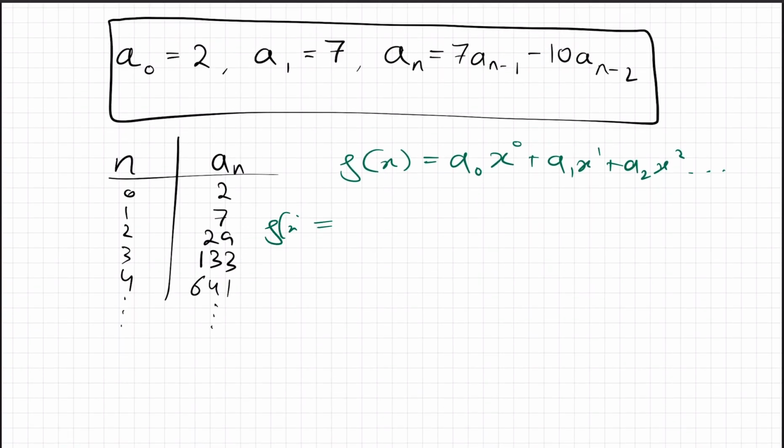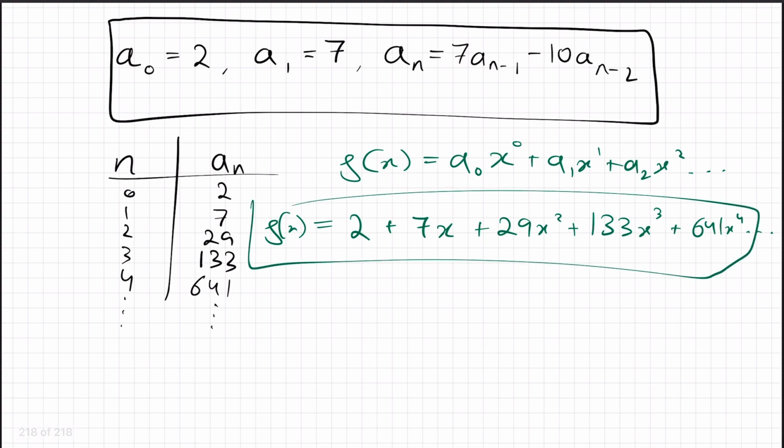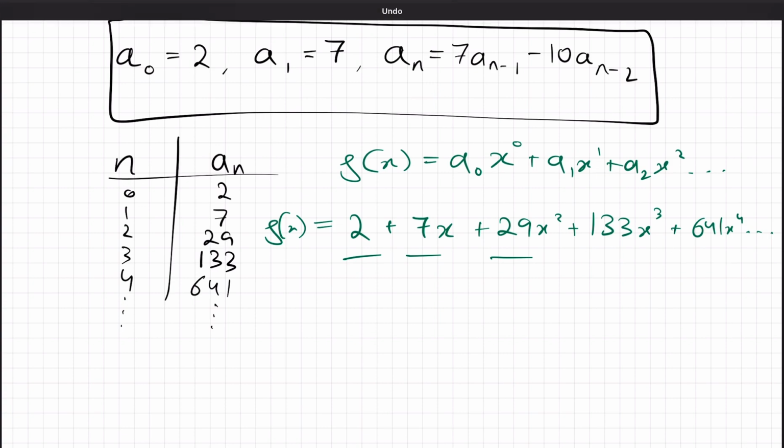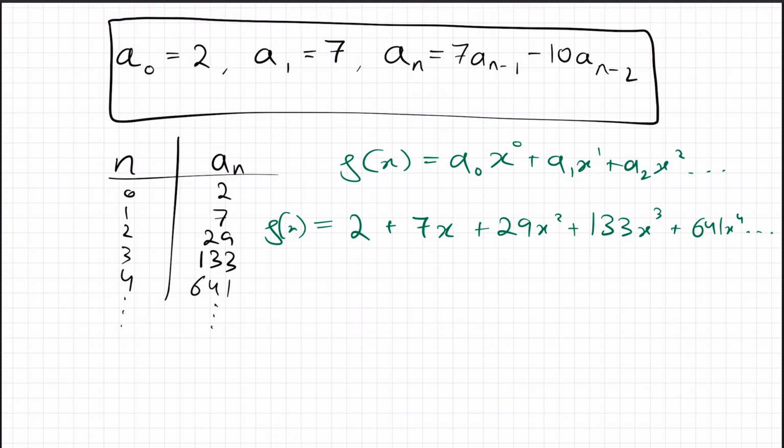So in our particular example for this recurrence relationship, this is going to give us 2x to the 0, which is just 2, plus 7x plus 29x squared plus 133x to the 3 plus 641x to the 4, continuing. And we're going to define this function to just have the terms of a of n as its coefficients. And let me show you why we do this.